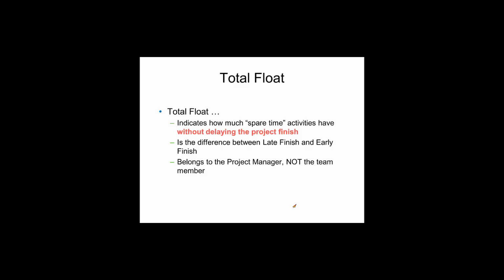I'll say it again. The spare time without delaying the project finish. And it is typically the difference between the late finish date and the early finish date. In my philosophy, the total float belongs to the project manager, not the individual team members. And this will become a little bit clearer later on when we talk about the next topic.